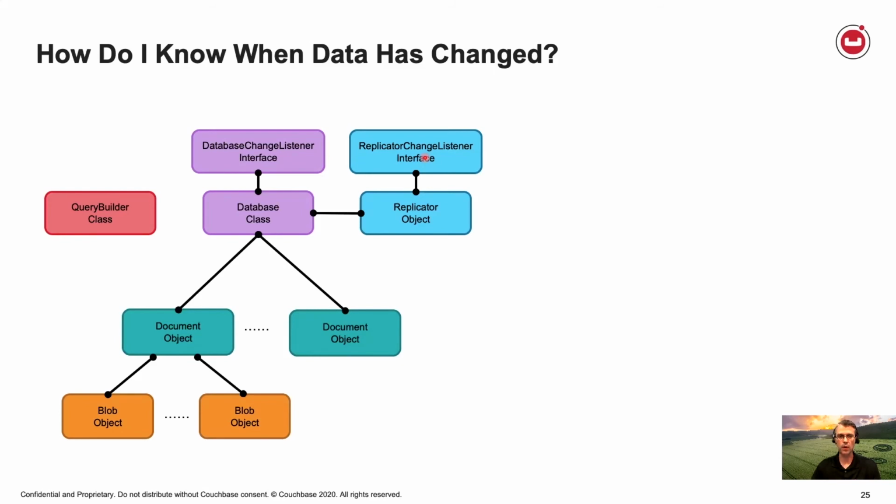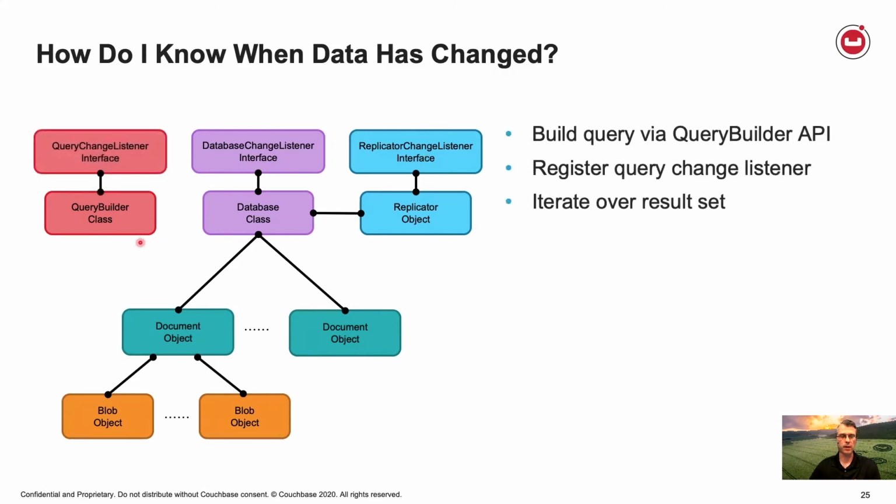So how do I know when that data has changed? Similar to what we did with the university's database and querying that, you'll still use the same query builder API, but there's a query change listener interface. And what that is going to do is every time the result set of that query changes, the callback implemented in the listener is going to get executed.